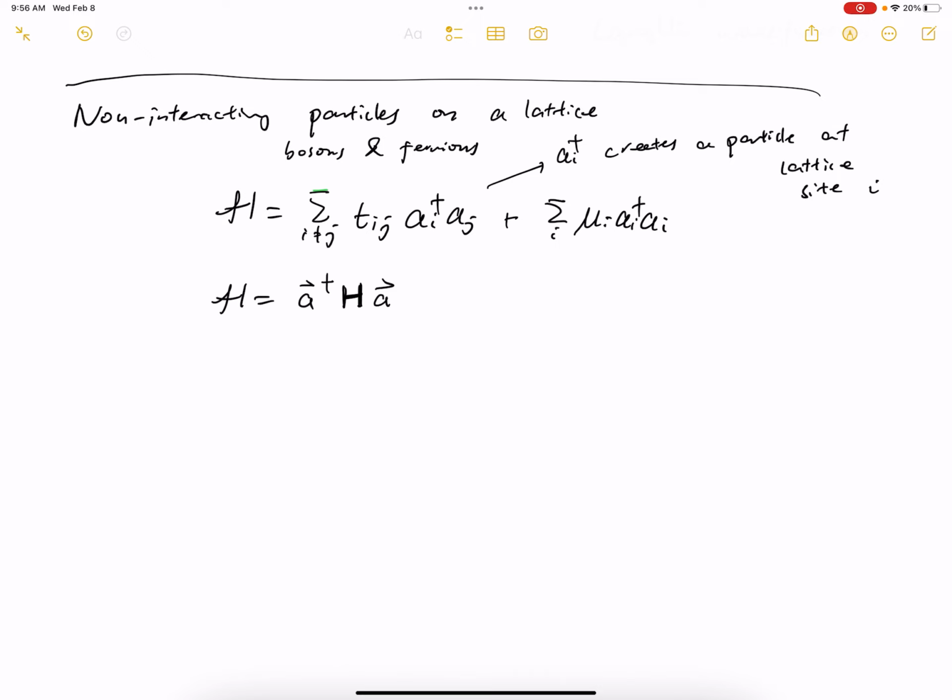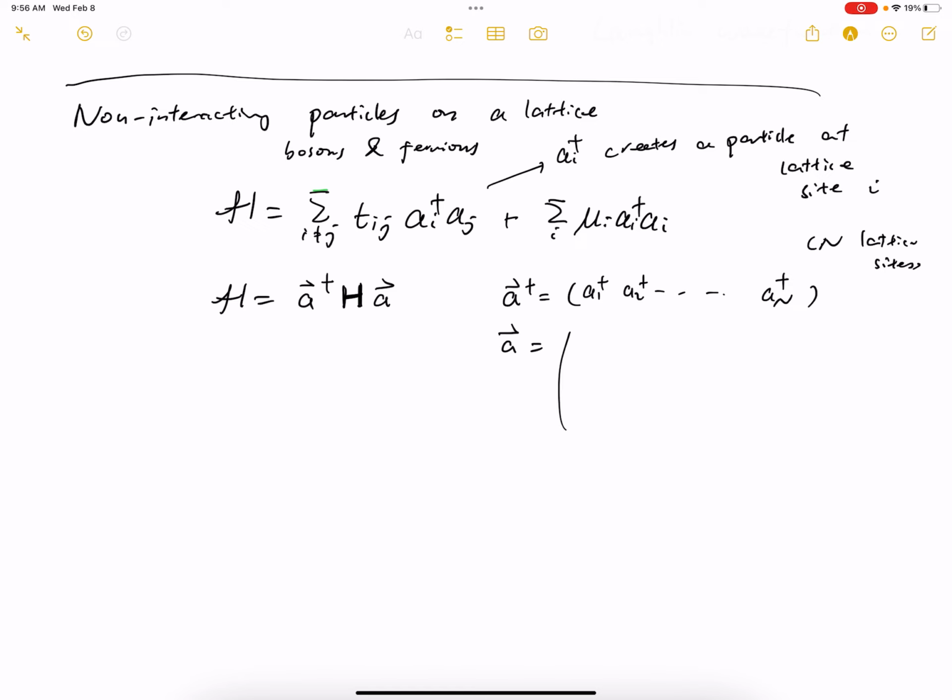So what does this notation here mean? Here this a dagger is going to be a row vector made of a1 dagger, a2 dagger, all the way to, say you have n particles and n lattice size, then an dagger. And then this vector a here is going to be the Hermitian conjugate of this.